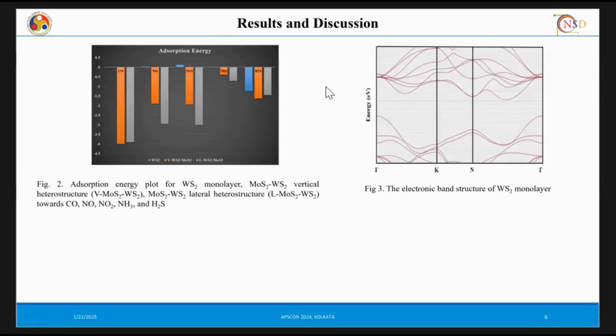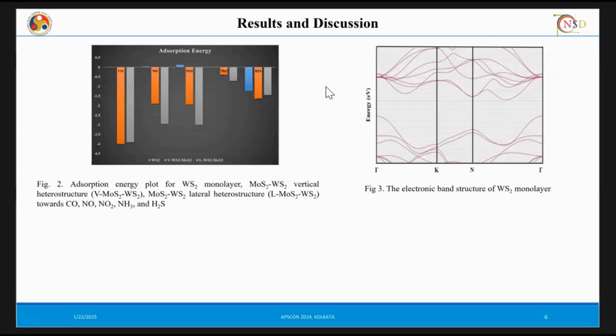And after that, for checking whether the material is semiconducting or not, before we proceed, let me explain this part. We need to understand whether the material is semiconducting, conducting or insulating.